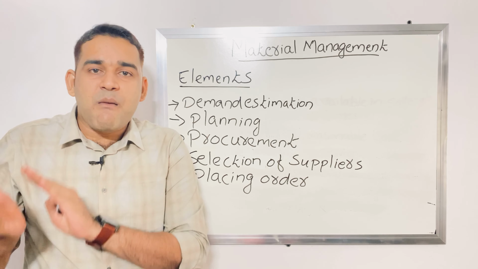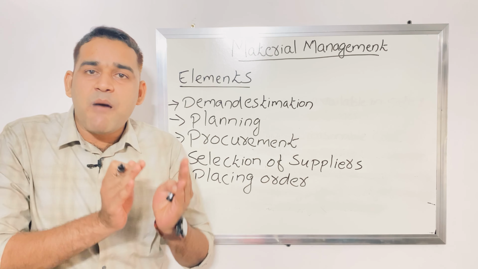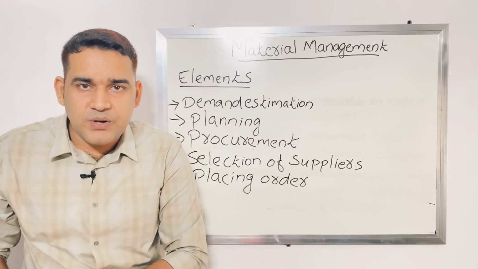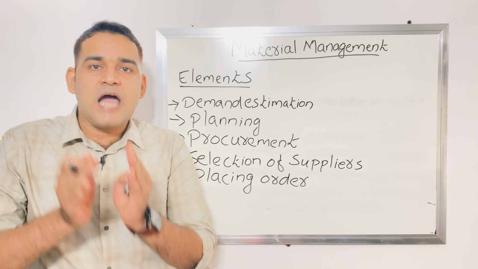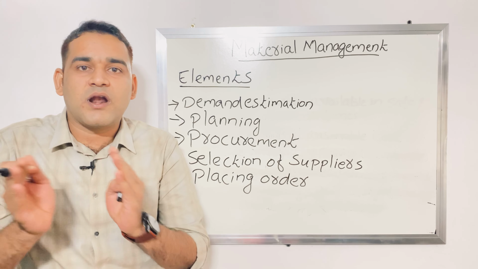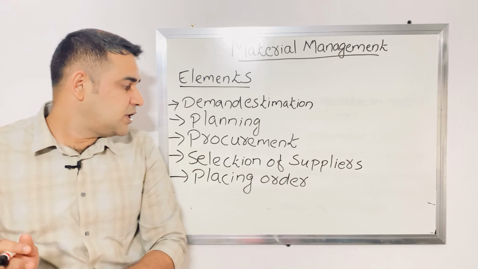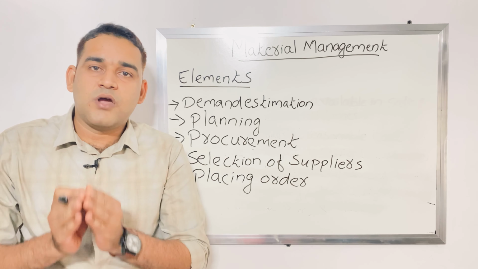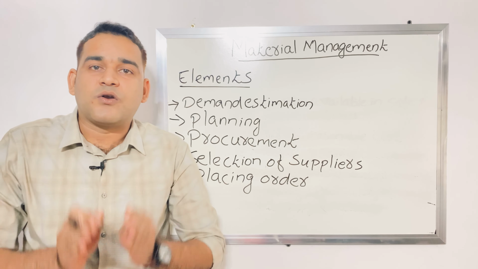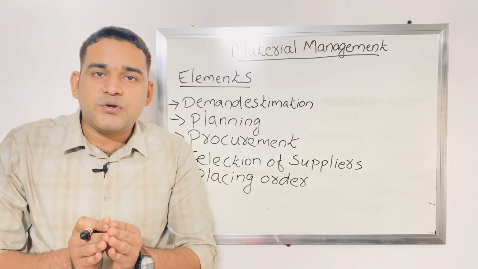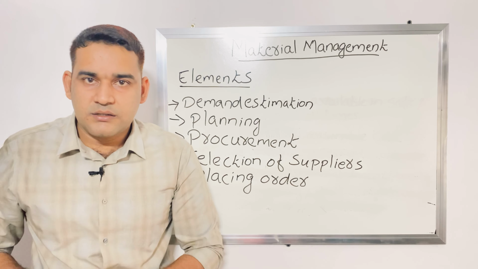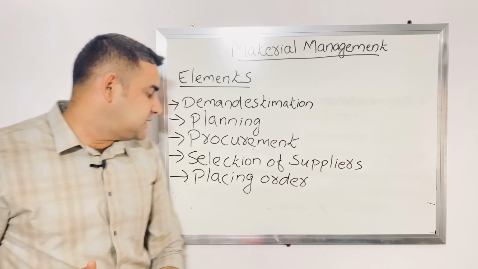This much amount of items are required. I need this product at this cost. You already selected the suppliers. Now you have to give the order. You have to give the order to the company or to the suppliers. Okay.